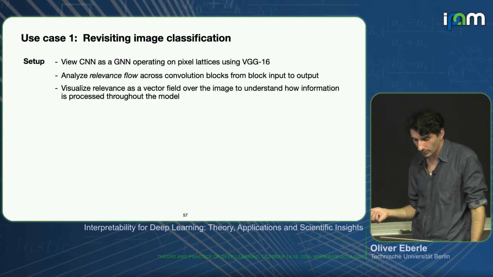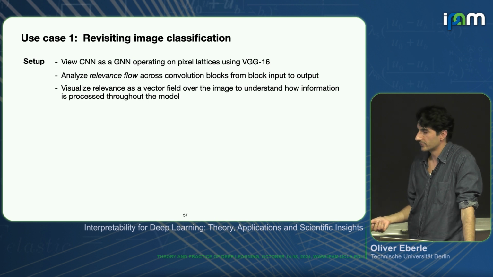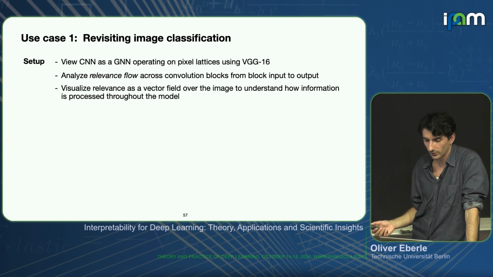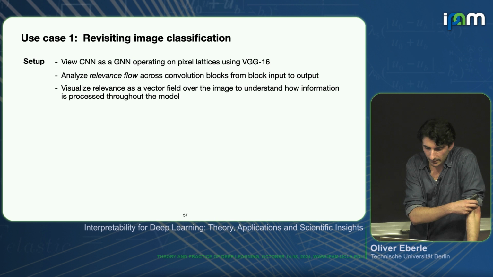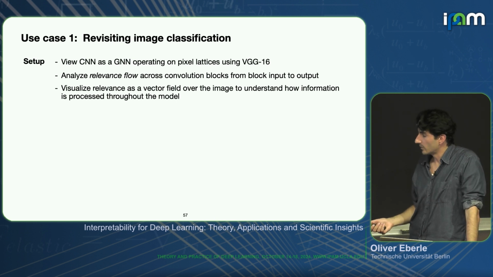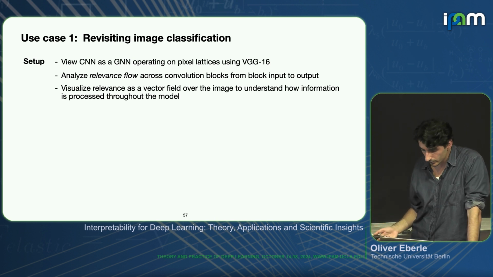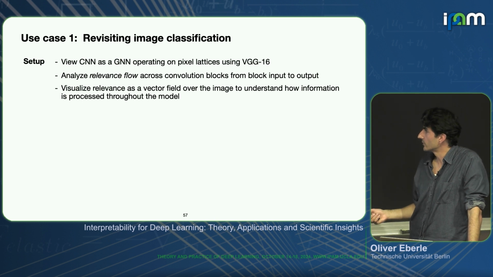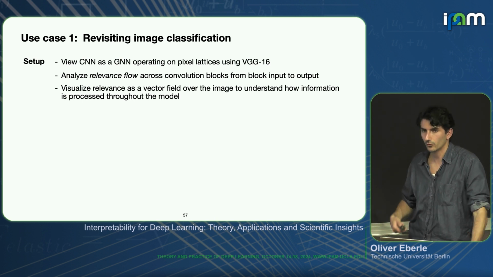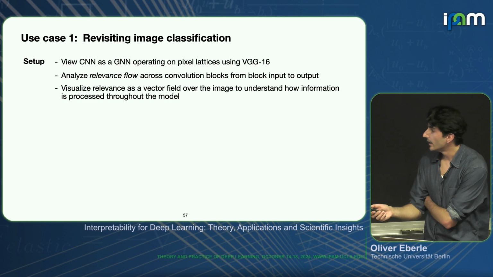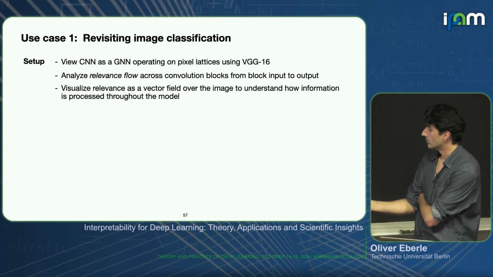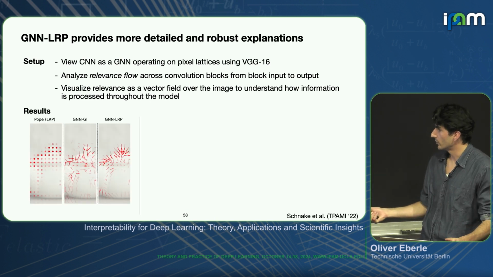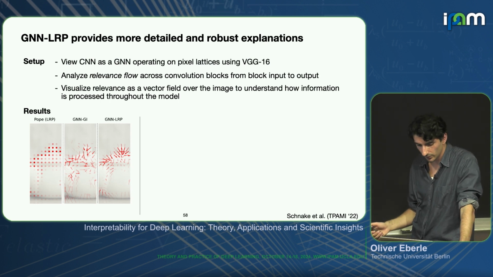Okay, so this is useful because you can now really try to understand better how information is being processed in your models. Here we analyze something that we termed relevance flow. As a first step, we view a CNN as a fully connected graph neural network, and then we computed these interaction scores that we show here as a flow field.